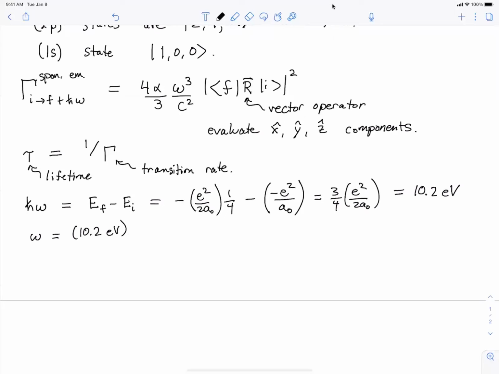So you have to look up h bar in units of electron volts times seconds, which is 6.582 something times 10 to the minus 16 electron volts times seconds. Okay, and so this works out to be numerically about 1.55 times 10 to the 16 inverse seconds.